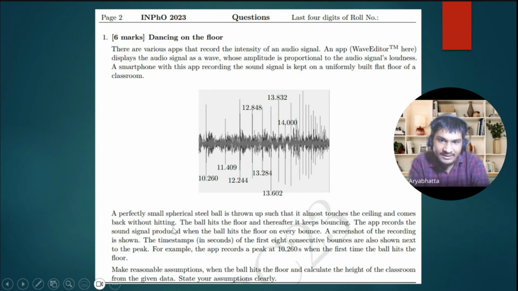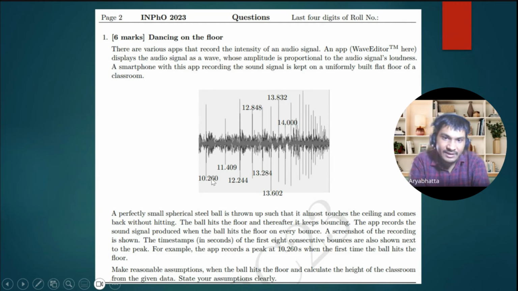And then the ball hits the floor several times, and we are using an app called Wave Editor, which records the sound signal produced from the ball when it hits the surface. And this is the recording of the audio signal. Now, from the audio signal, we will try to find the height of the classroom.